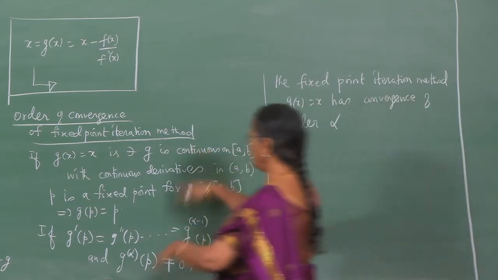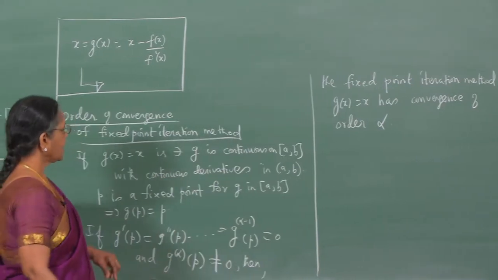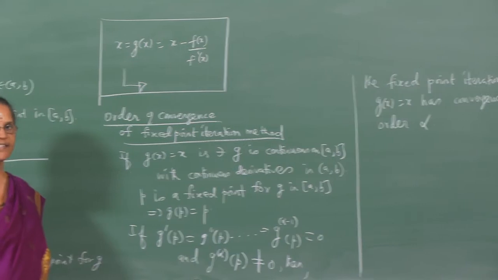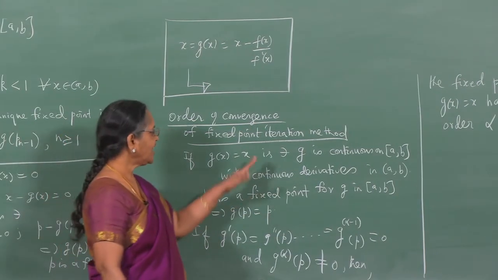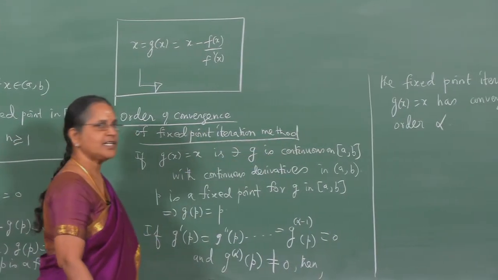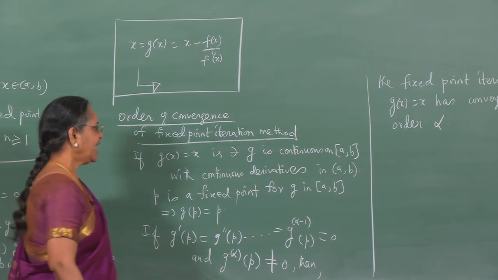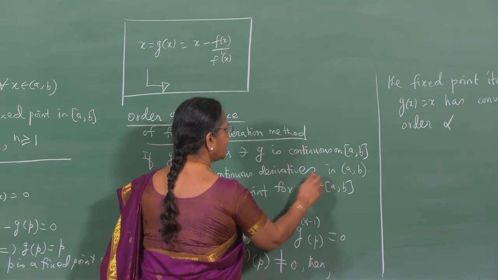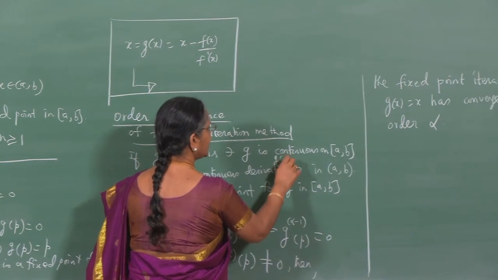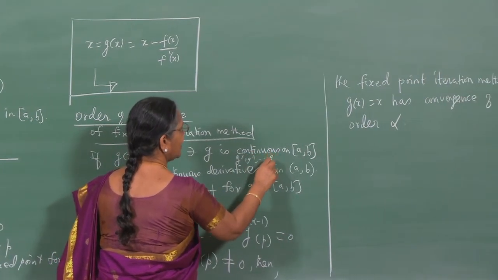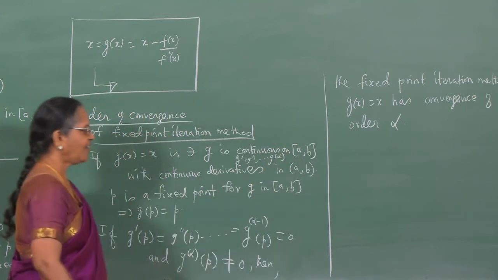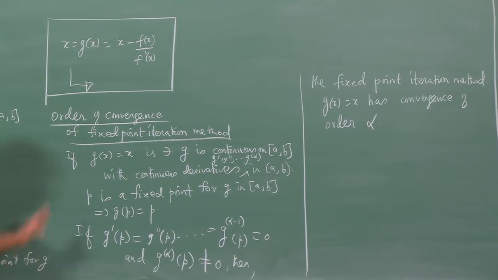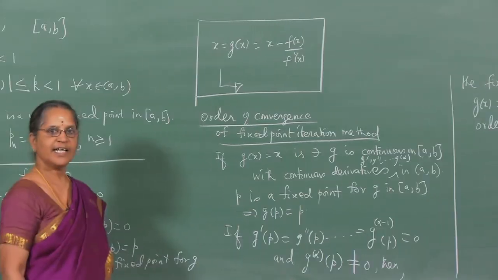So, let us just see the definition again. You are given a fixed point method g of x is equal to x, and you observe that g is continuous on the interval a b and it has continuous derivatives. So, we can also say that it has continuous derivatives g dashed, g double dashed, etc., say up to order alpha in the open interval a b, and p is a fixed point for g in that interval.